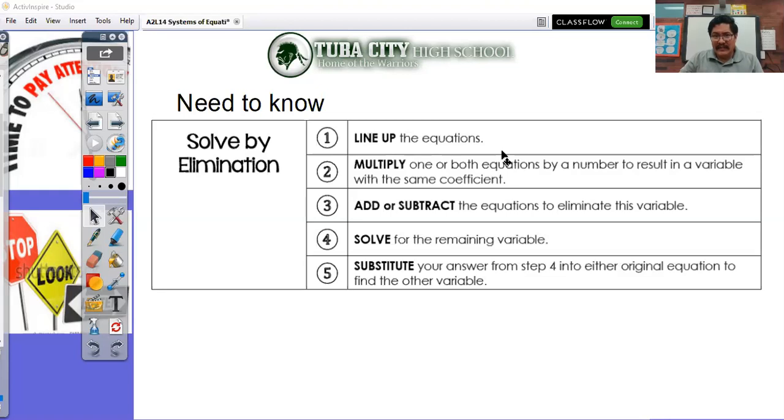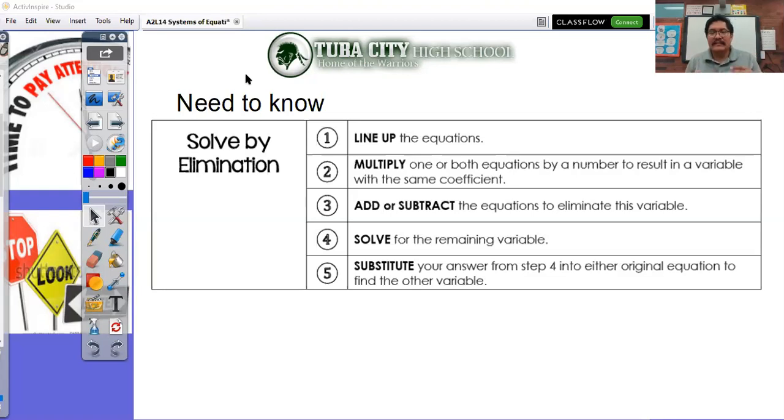Now, when it says line up, that means they have to be in the same order. So if it's slope-intercept form, then they both need to be slope-intercept form. If they are both standard form, then you have to make both of them into standard form. Whatever form you have, they just have to be in the same order.